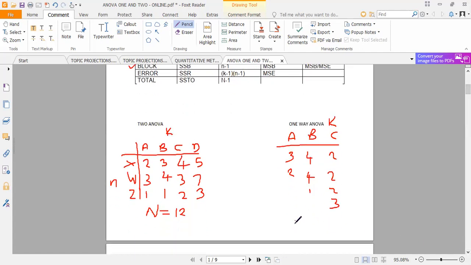So what is our capital N in this case? The total number of samples. We have 1, 2, 3, 4, 5, 6, 7, 8, and 9. So N is 9.